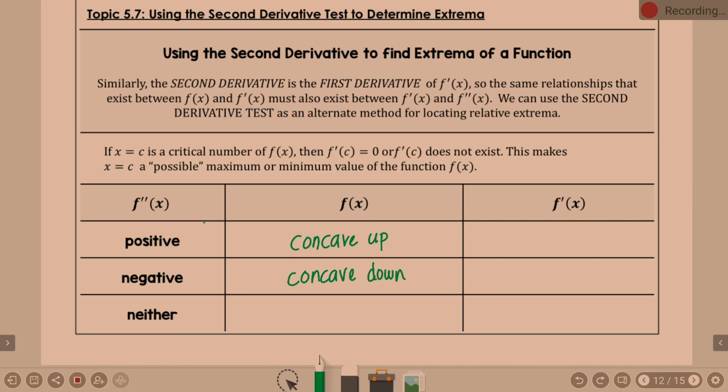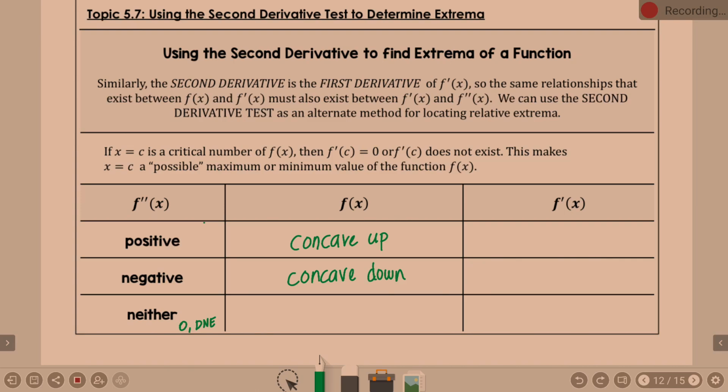What if the second derivative is neither positive nor negative? Constant? Is it constant? I wouldn't say constant. Think about if your second derivative is either 0 or does not exist.